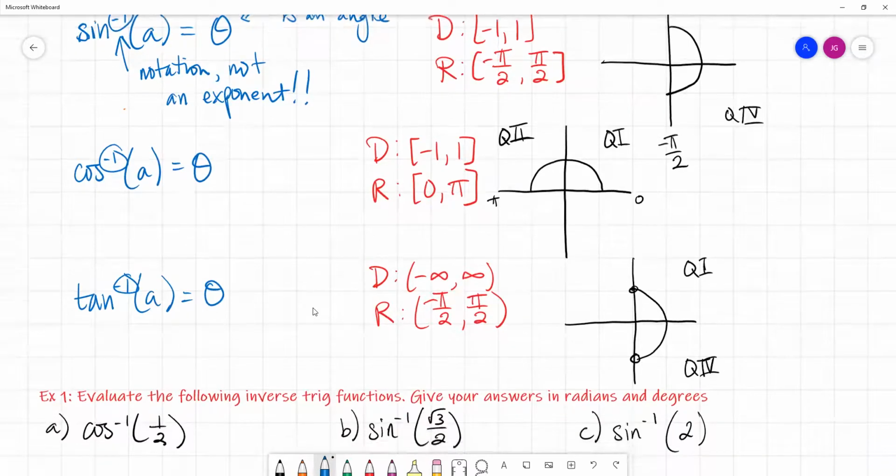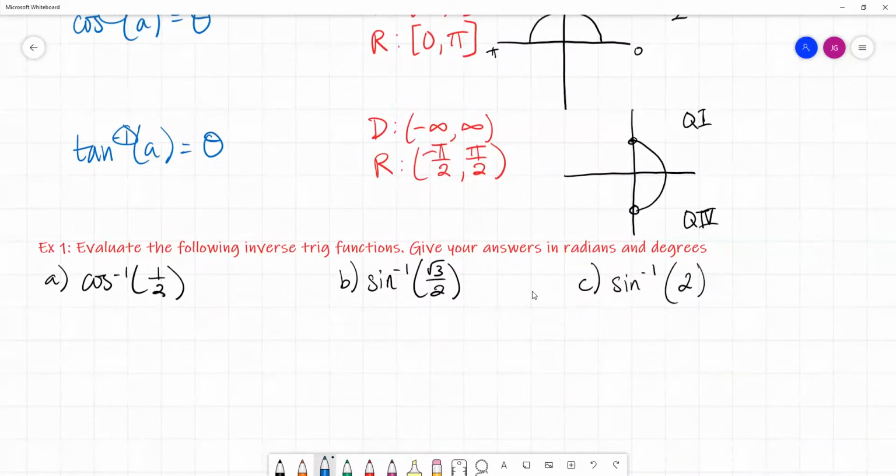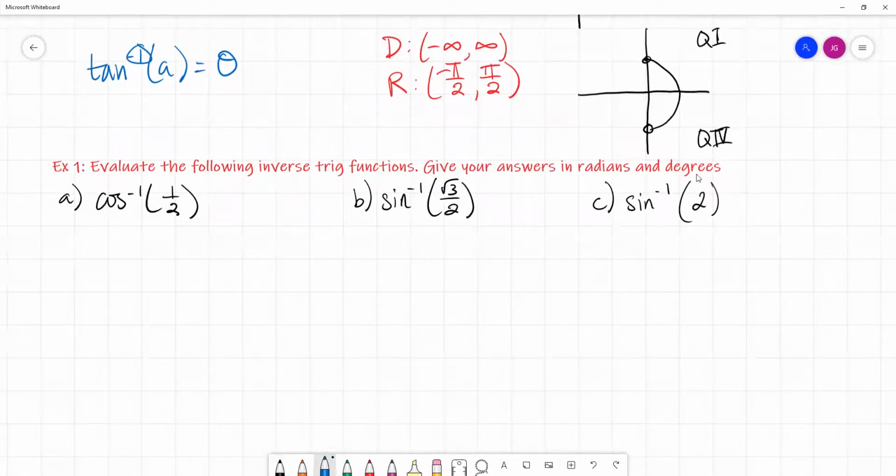Cool. So now let's use that information to evaluate the following inverse trig functions. Give your answers in radians and degrees. We'll start with cosine inverse of 1/2. This is asking the question: cosine of what angle is 1/2?